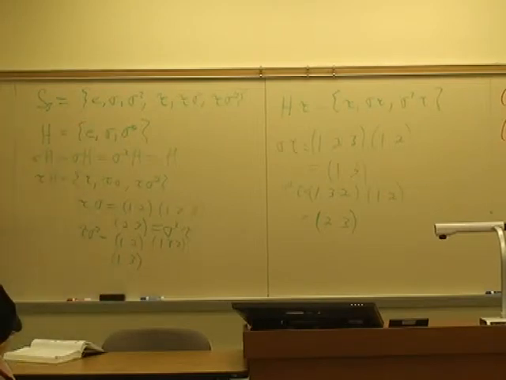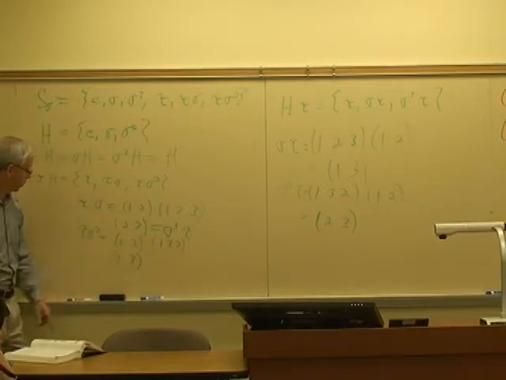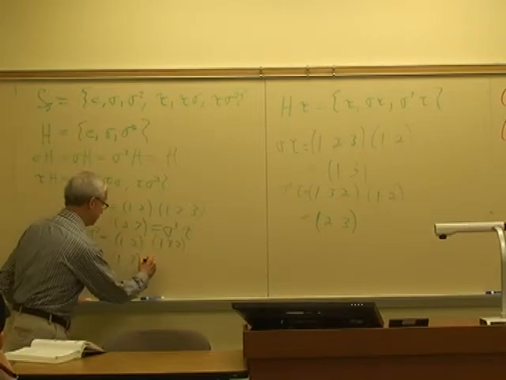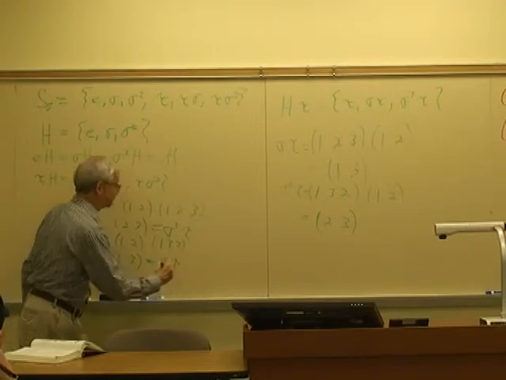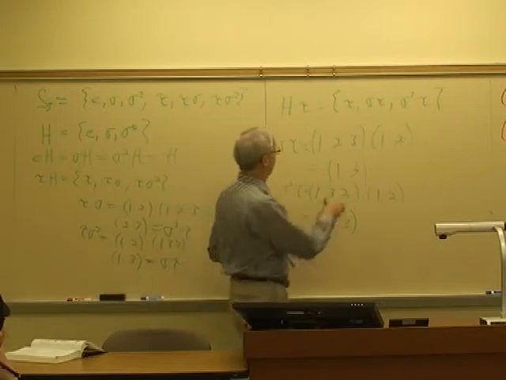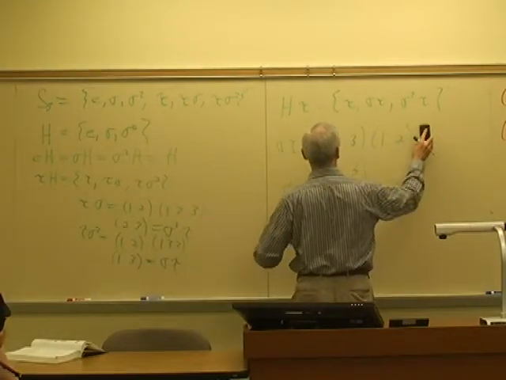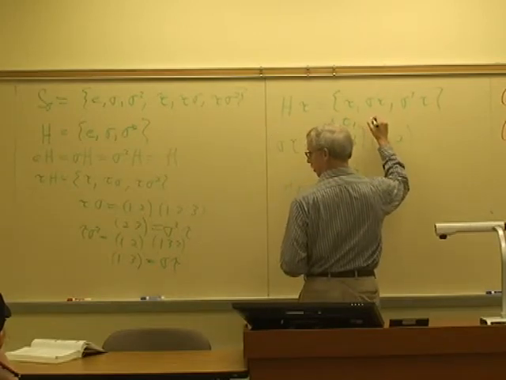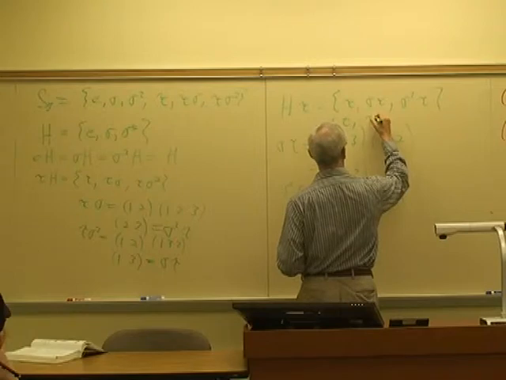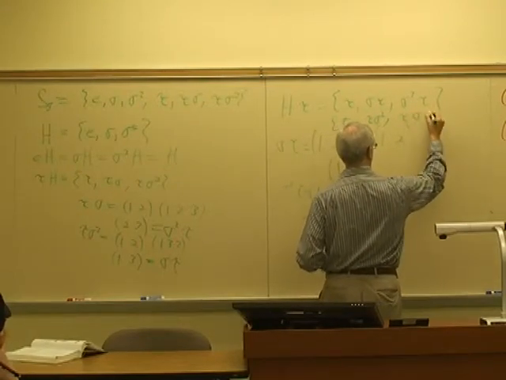And where does 2 get sent? To itself, right? 2 goes to 1, but then sent back to 2. And that's exactly sigma tau. So this guy is actually equal to, by our calculations, tau, tau sigma squared, tau sigma.